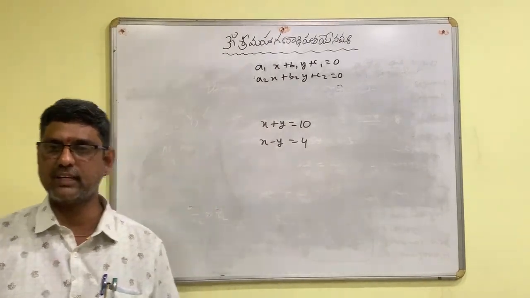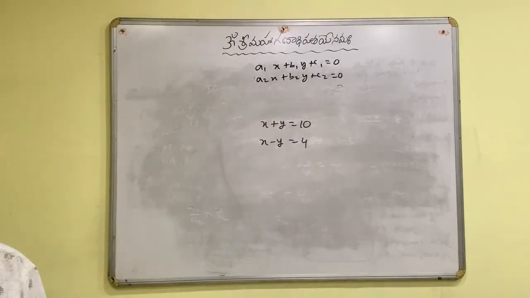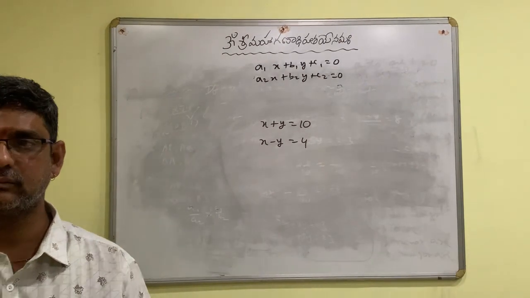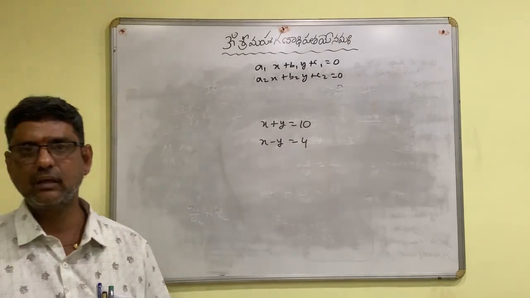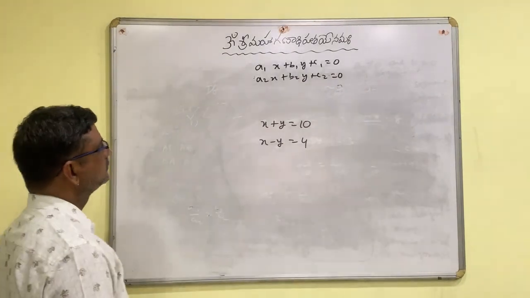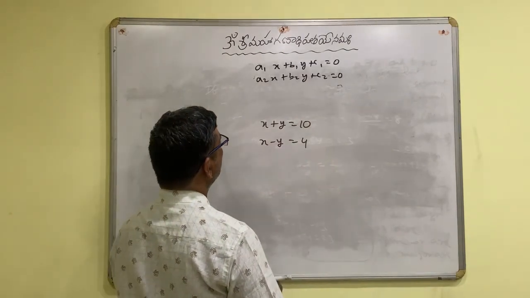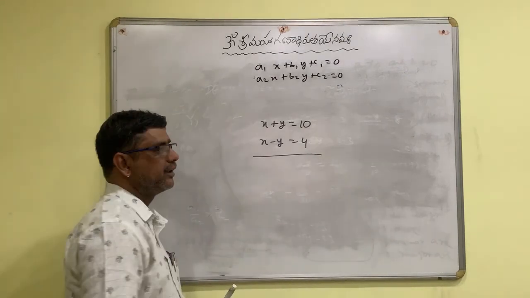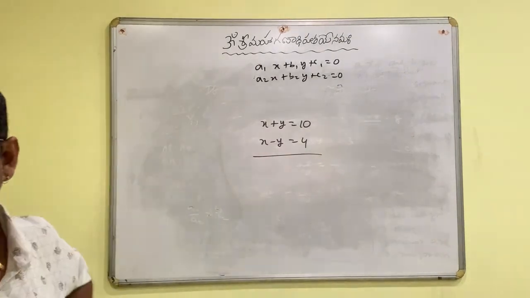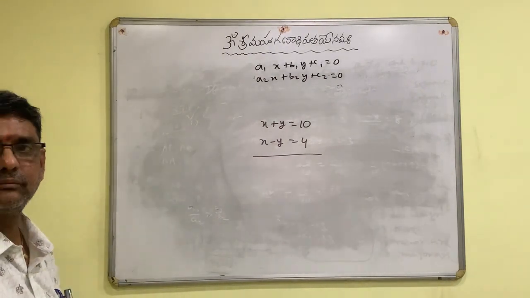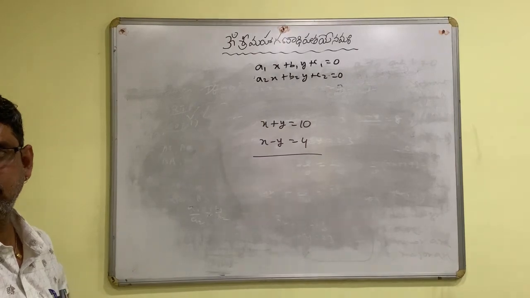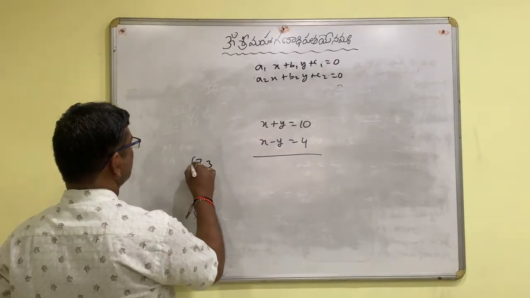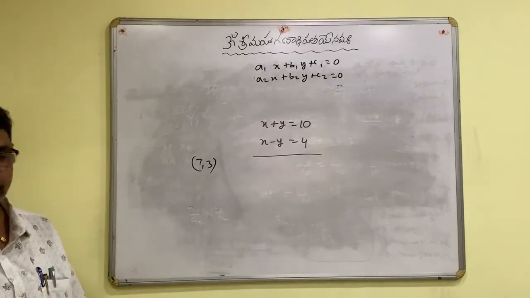What is the common solution for this? Seven comma 3. 7 comma 3 is the common solution.